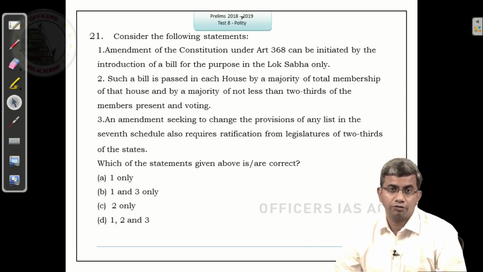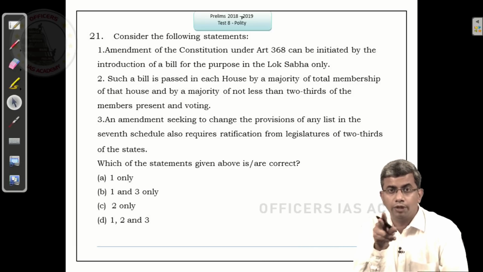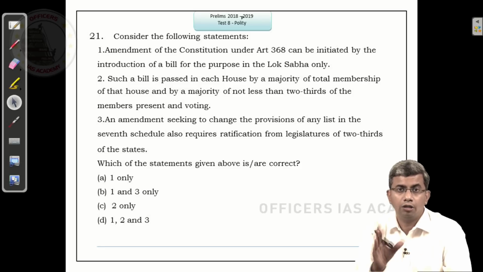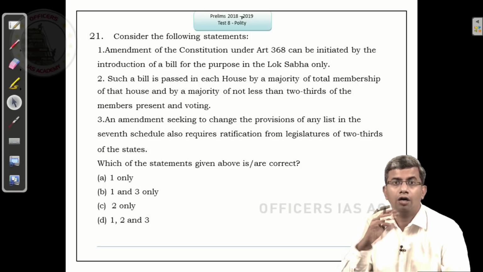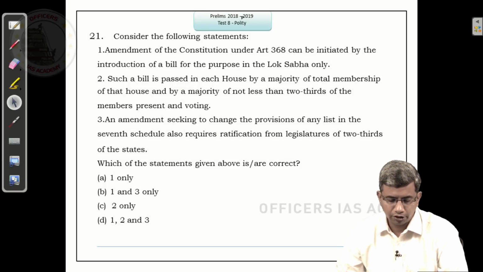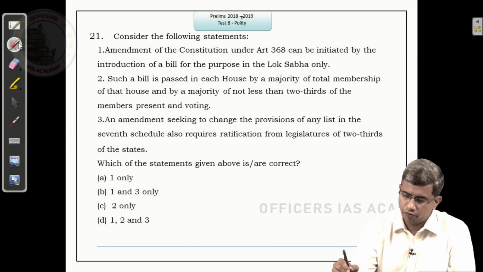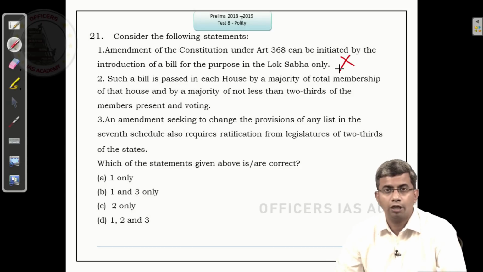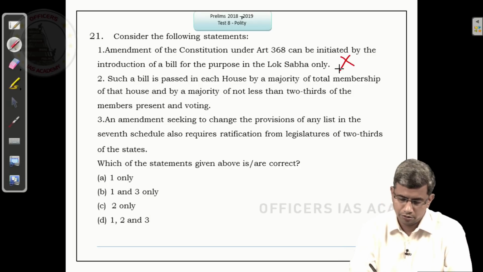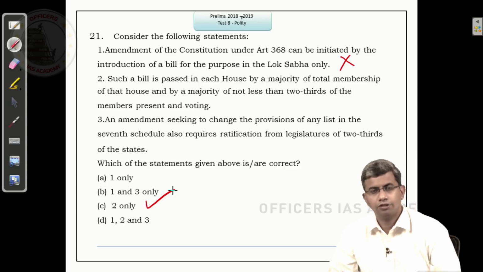Only these two bills can be introduced only in the Lok Sabha. All other bills, including the constitutional amendment bill, can be introduced either in the Lok Sabha or in the Rajya Sabha. So the first statement is wrong. It is asking for which of the above statements are correct. So you get the answer, which is C.